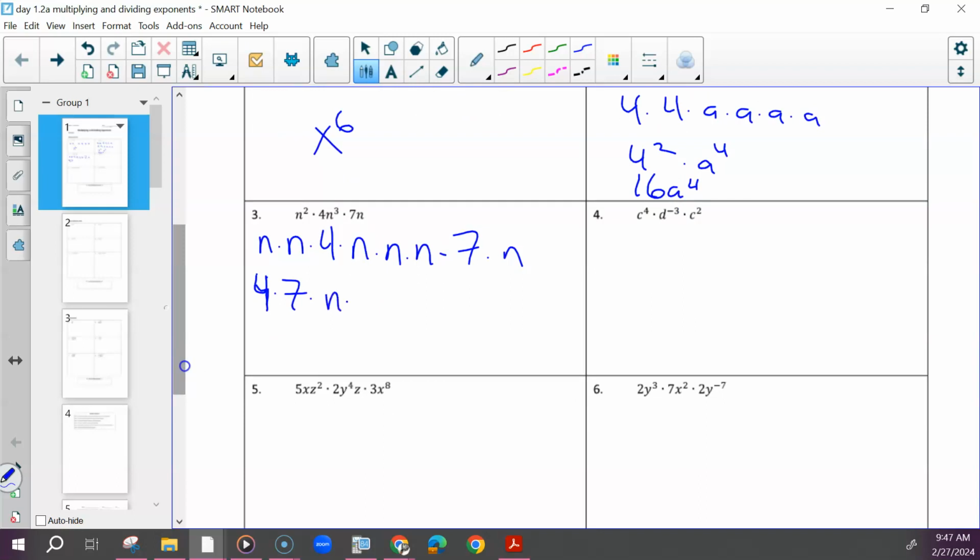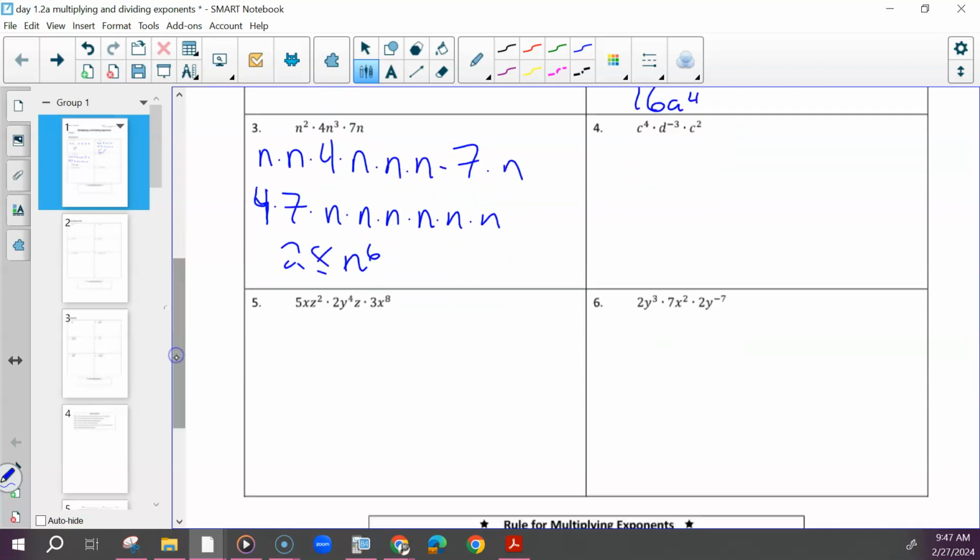And then move all the n's together. So we have 6 n's, and this will become 28. Is there a way I could have figured out that there was 6 n's without expanding it?